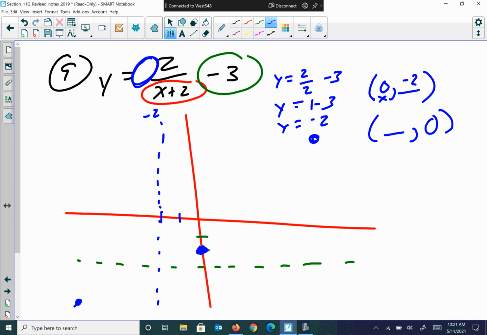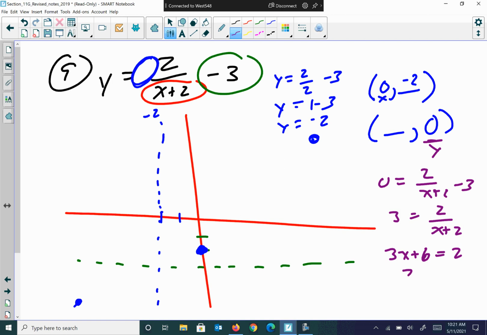And then let's do this one. That's a y value. So I'm going to go 0 equals 2 over x plus 2 minus 3. Add 3. And then I can move this over. So I'm going to get 3x plus 6 equals 2. Subtract 6.